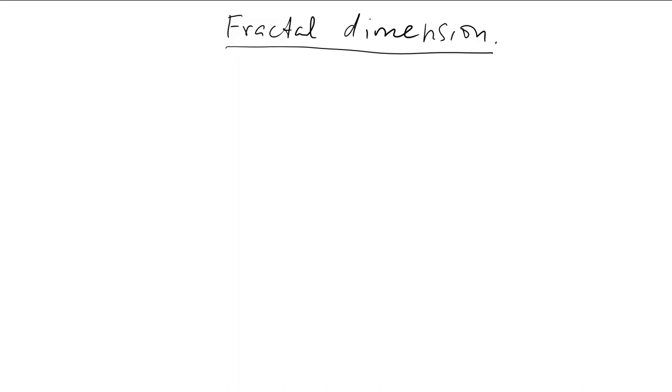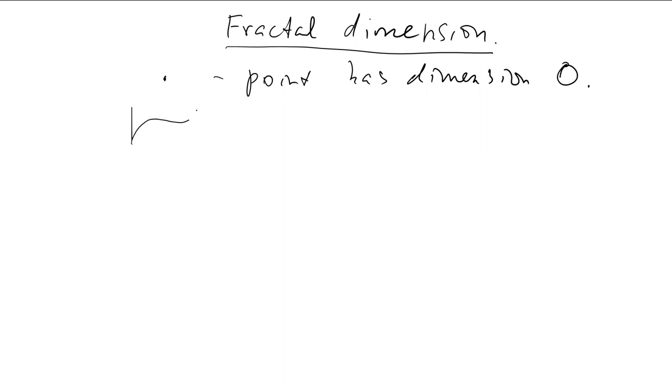So what do we know from geometry? We know that a point has dimension 0. So its length is 0, area is 0, everything is 0. So it has dimension 0.